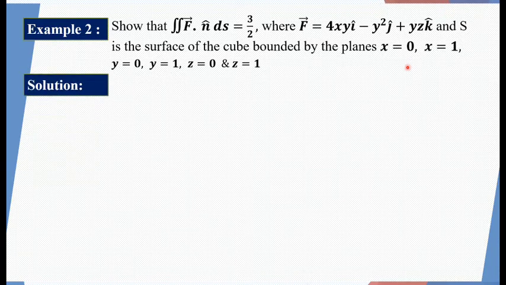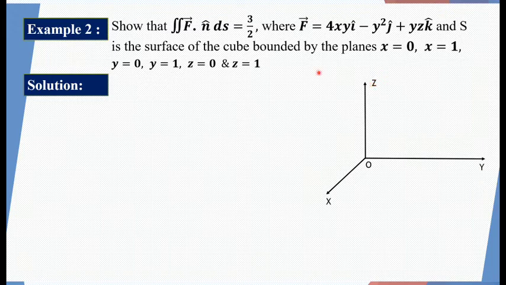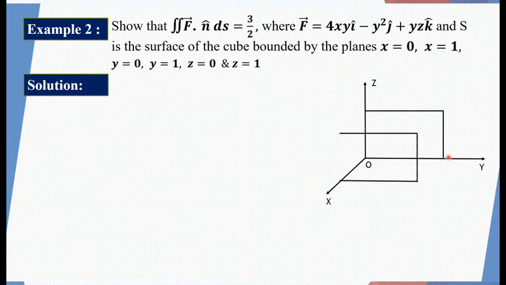So first we draw, take it as x-axis, it is y-axis, and it is z-axis. So now draw x equals to 0, y equals to... Now see, this is a cuboid.